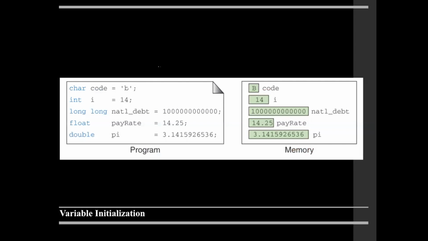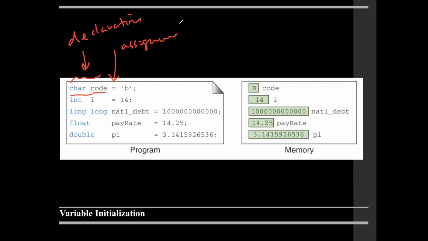All right, so the next one up is called variable initialization. Now, in addition to declaring these variables like we did before, we also have this equal sign. This is what we call declaration. Now, this part is what we call assignment.